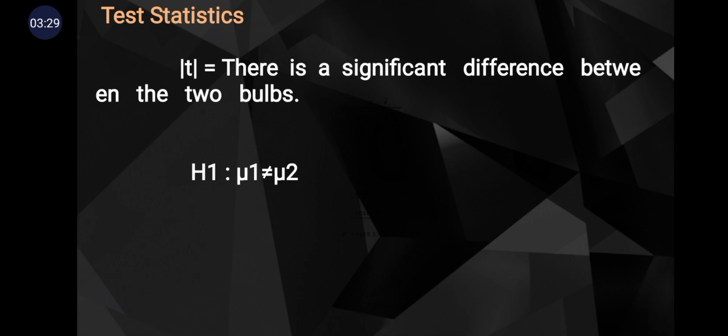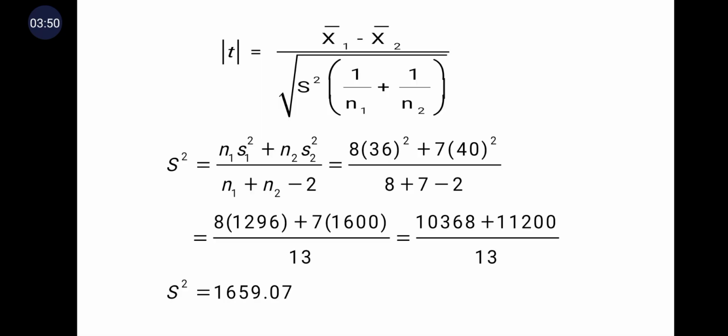Step 3 is the test statistic. Modulus of t: is there a significant difference between the two bulbs, mu1 and mu2, or not?